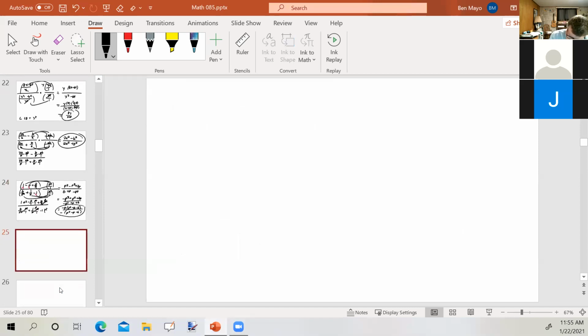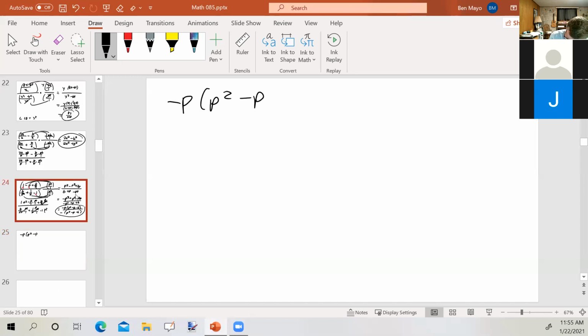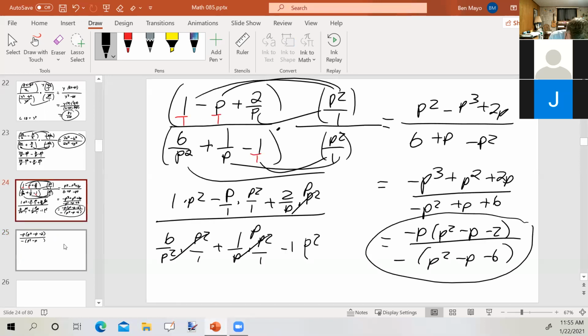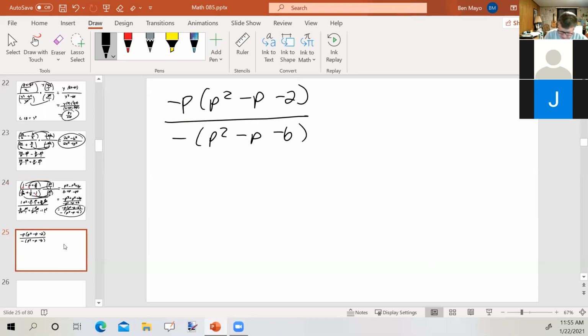So we've got negative p times p squared minus p minus 2 all over negative times p squared minus p minus 6. Now I believe I can factor that into p minus 2, p plus 1.